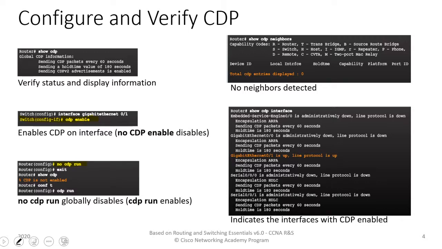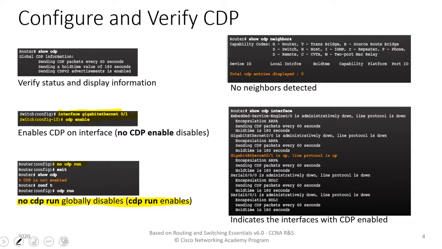We can do that per interface, so we can go into each interface and specify whether it is enabled or disabled, or we can do it in a global manner using the CDP run or no CDP run command.